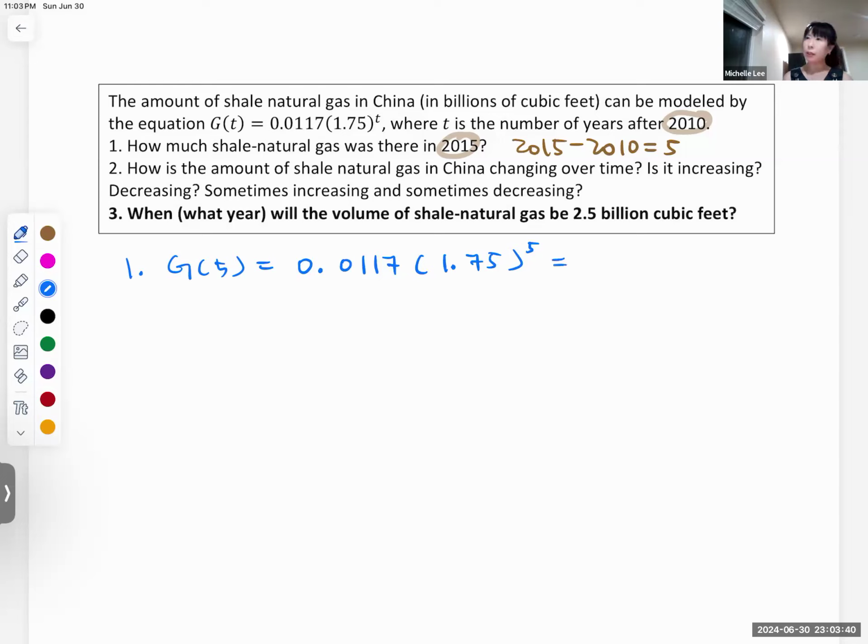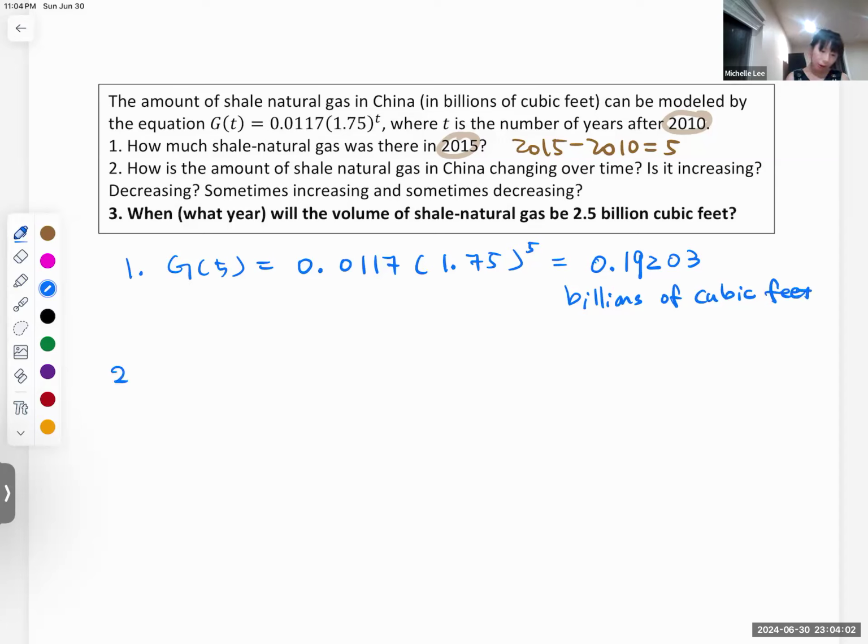If we calculate, this is 0.19203. It's in billions of cubic feet.